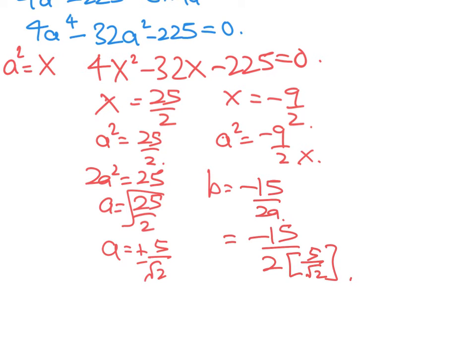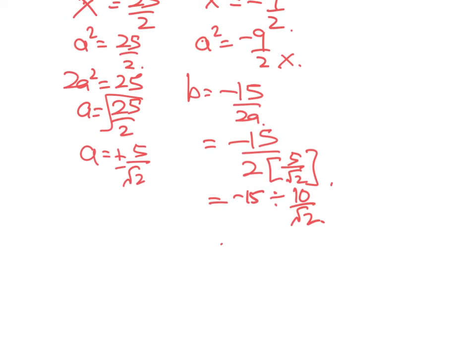So you have negative 15 divided by 10 over 2, and this should give negative 3 over 2.